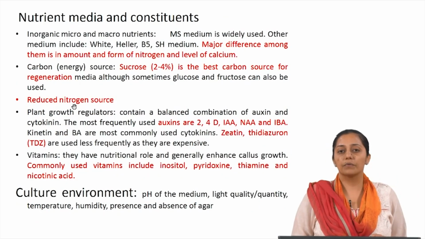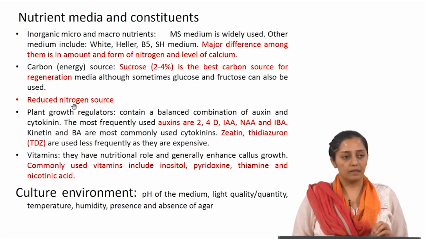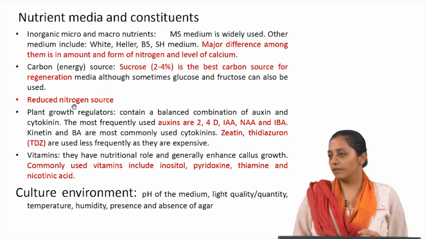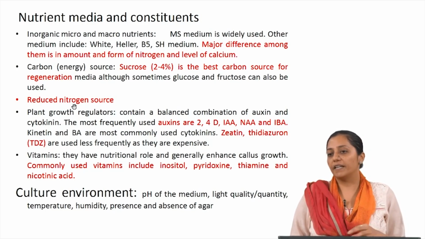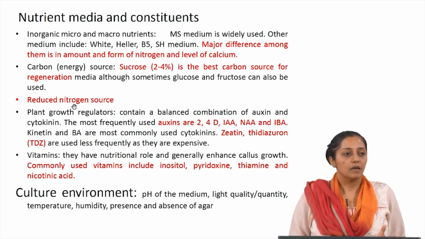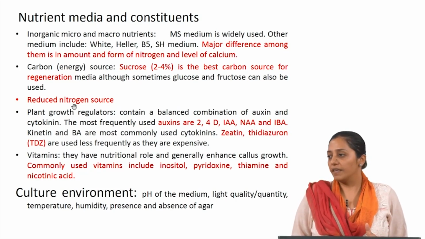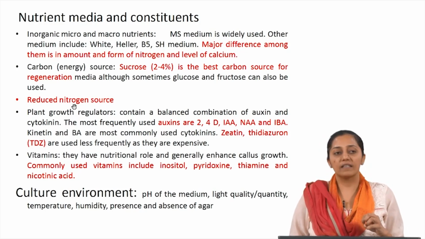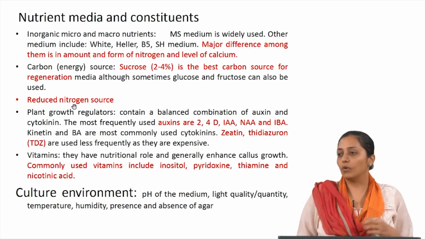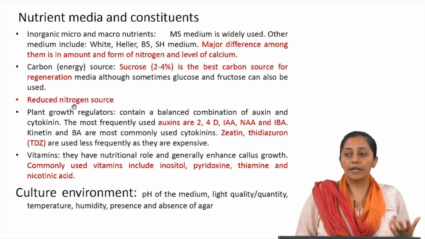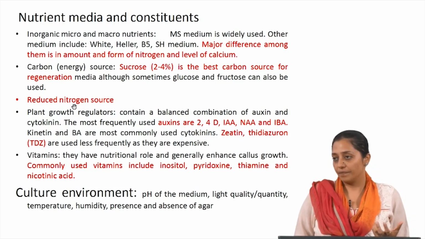So what kind of nutrient media helps in regeneration? Inorganic micro and macronutrients, major difference, as we said yesterday, we were talking that although defined media can be used, but there is a difference in these. So, if it is high ammonium to nitrate, so generally what induces somatic embryogenesis? When it is a very high nitrate to ammonium ratio, or suddenly you give very high concentrations of sucrose.